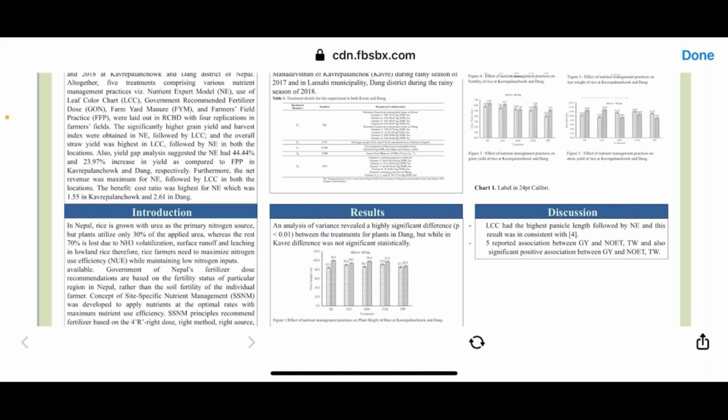This finding is similar to one of the findings which I cited here, and the evidence of nutrient export over government recommendation recorded uses of nutrient export in maize and wheat. Hence, nutrient export is a far better nutrient management practice over government recommendation dose and farmer field practice.